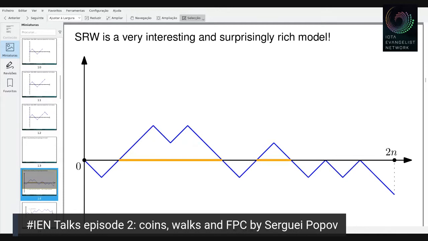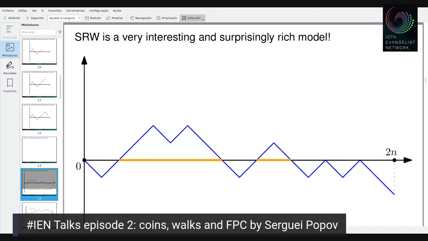You can think about it like two players playing games. They toss a coin. If heads, then the first player wins $1, so the second one pays $1 to the first one, and if tails, then the first one pays $1 to the second one.